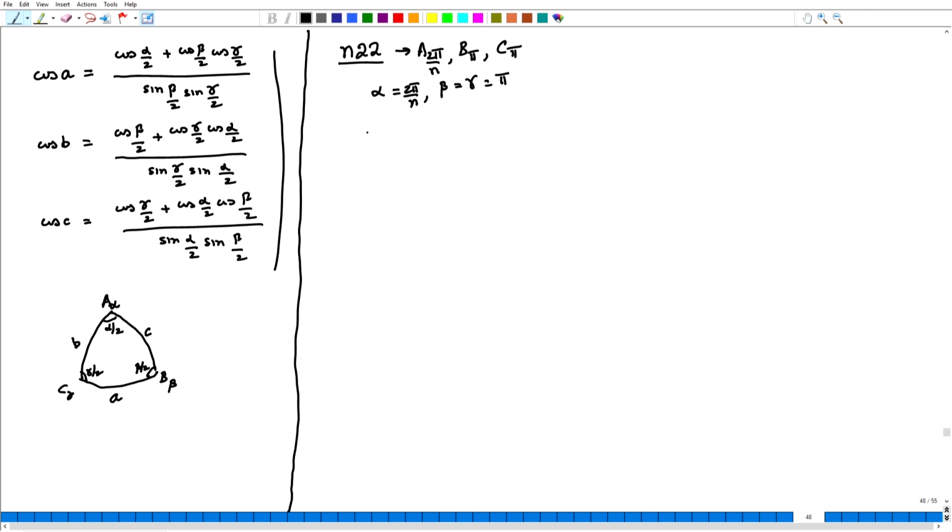Substituting in the three equations, cos of A would be equal to, clearly if I substitute these angles, cos of pi by n, and that implies that angle A is simply pi by n. Cos B would be equal to cos C and the result is 0, which means that the angles B equal to C is equal to 90 degrees.